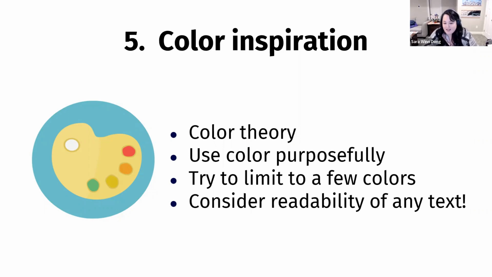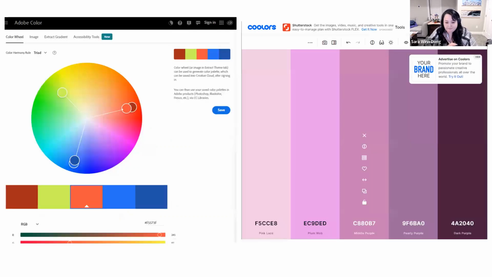And another important thing that I like to point out that hopefully you already think about is the readability of text. And I mean that in a couple different ways. It might be the color contrast component, meaning the background layer and the color of your text. There are a lot of resources online that can help you pick complementary color schemes without getting into color theory.